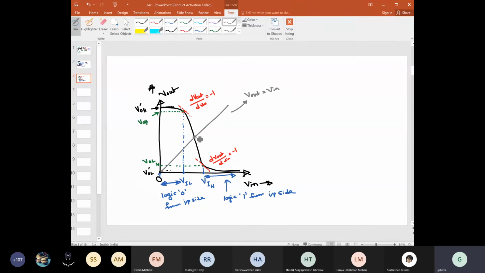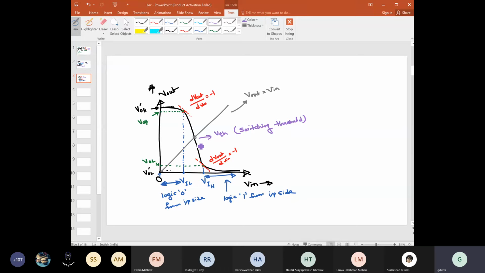This particular point where it intersects is called the VTH, or the switching threshold of this inverter.